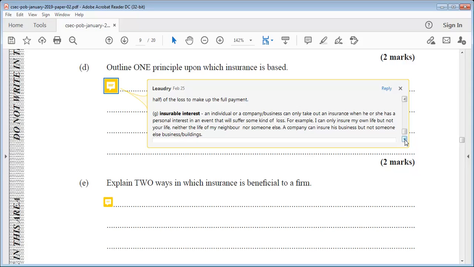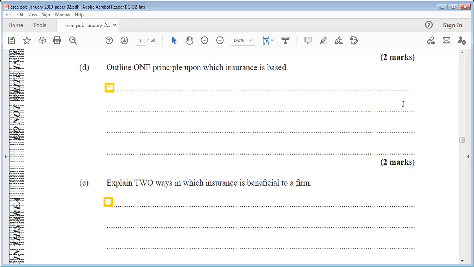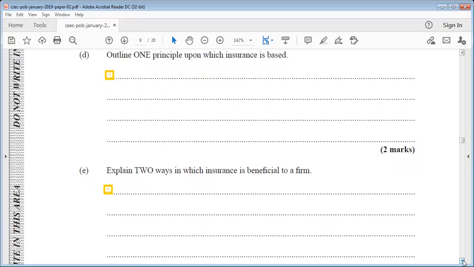I can only insure my own life, but not your life, neither the life of my neighbor nor someone else. So a company can only insure its own business, its own buildings, not someone else's. So we discussed those seven in detail. So you could select one of those principles and explain it.